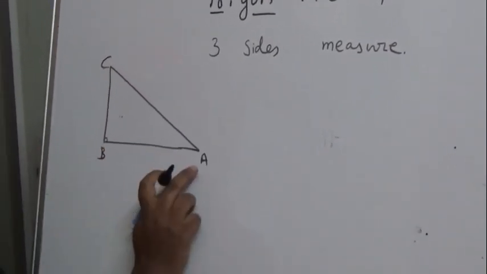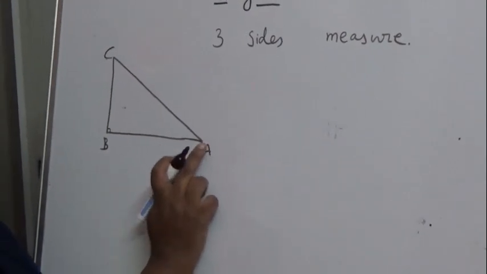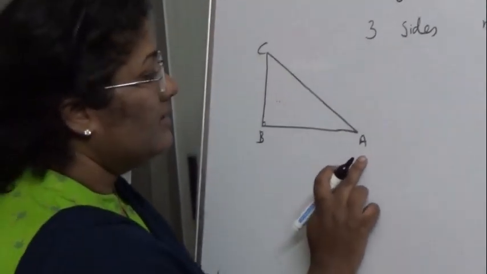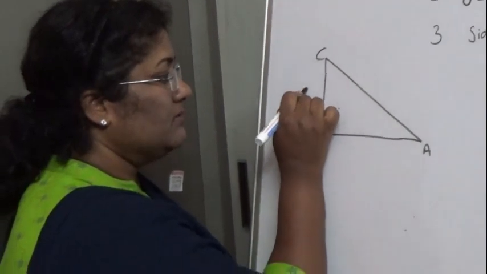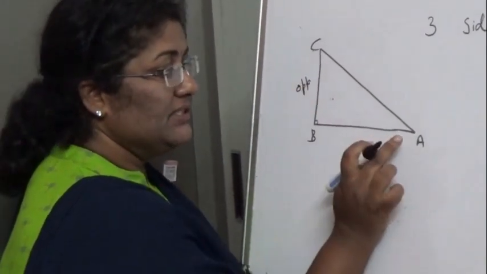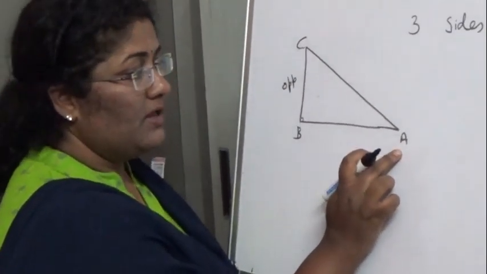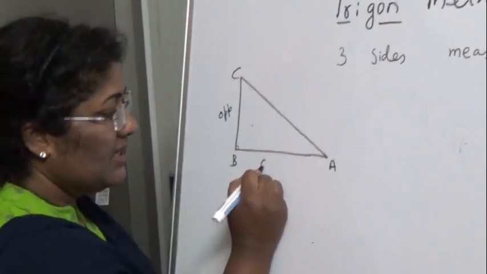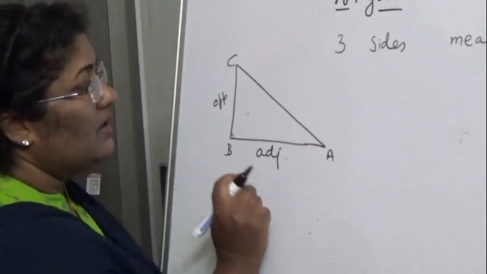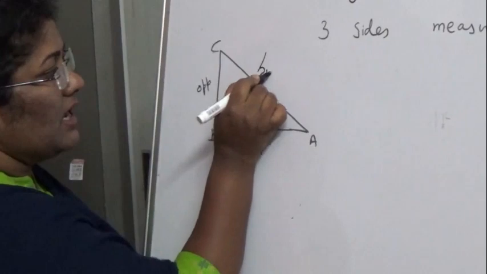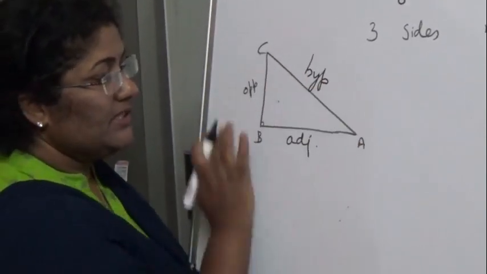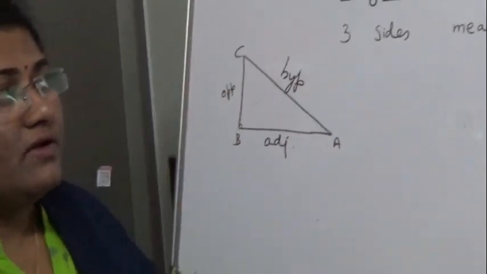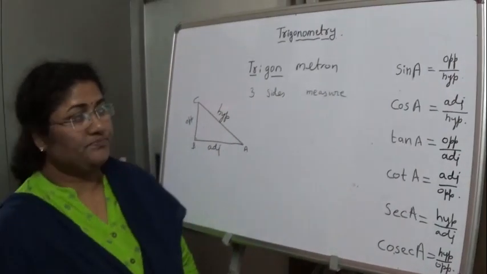See, if I consider angle A, then BC is the opposite side, AB is the adjacent side, and AC is the hypotenuse. Using this figure, we can write the ratios.